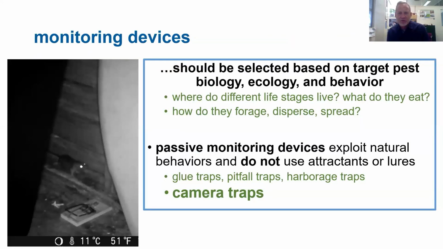So passive monitoring devices could include camera traps. And so I don't work often with rodents, but I'm starting to work more and more with rodents. And these wildlife cameras or camera traps can be really effective to show us where the animals are moving, how they're responding to our traps or bait stations that we have set up.